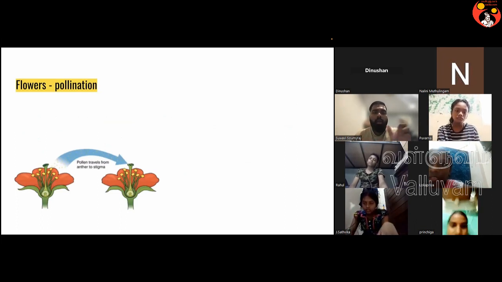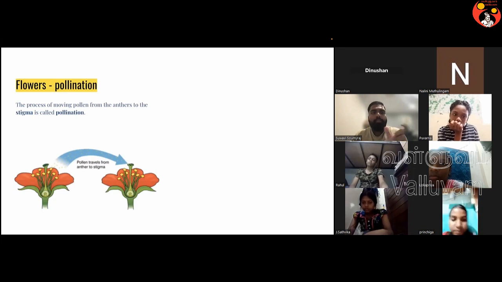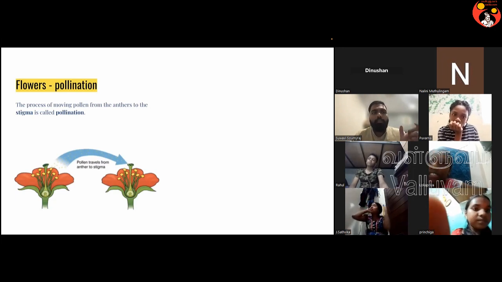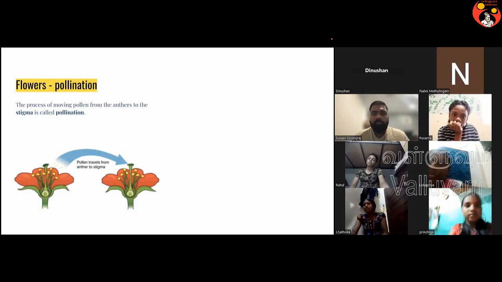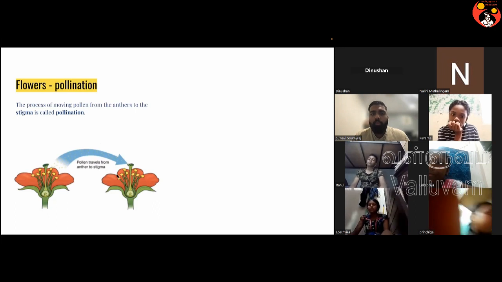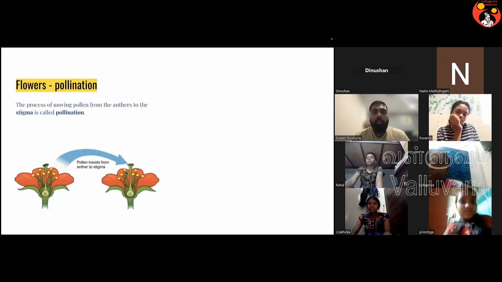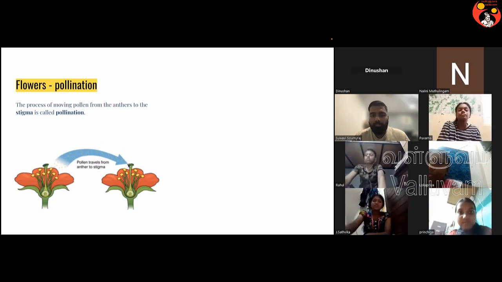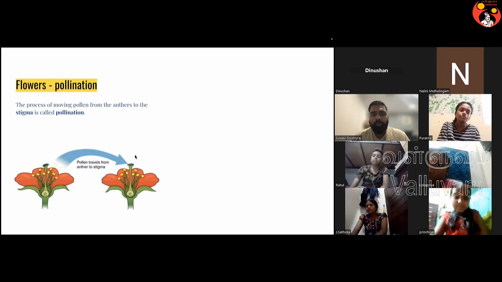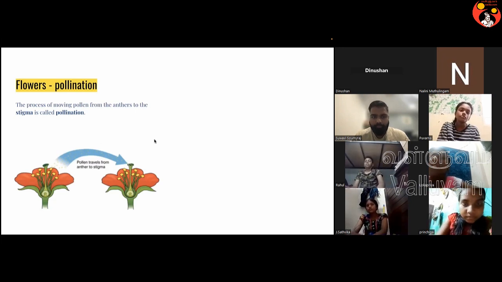Now, for this process to take place, there's something called pollination. That refers to when pollen from the anthers, the yellow parts there, moves to the stigma. That's referred to as pollination.